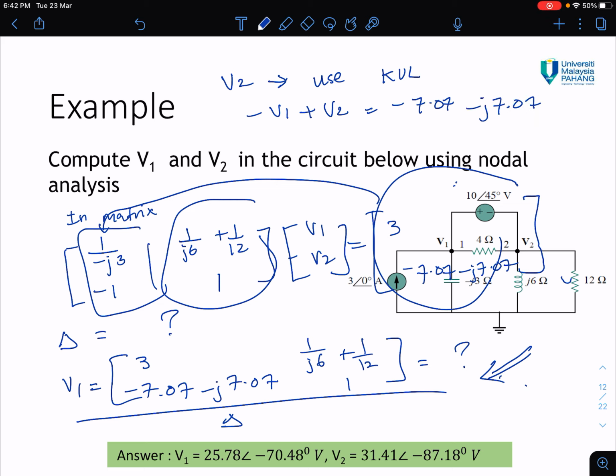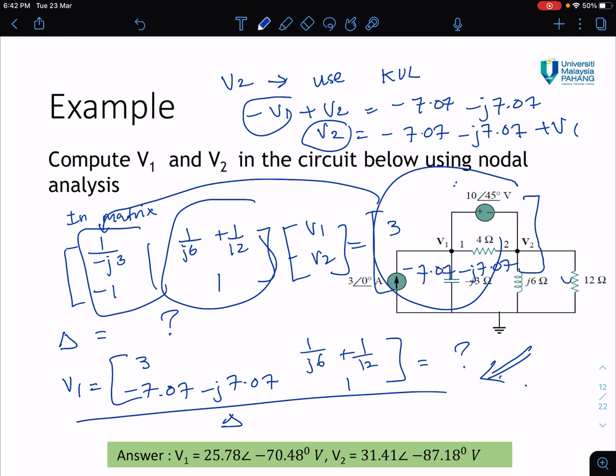Let's say you know the value of V1. Then V2 equals minus 7.07 minus j7.07, this part, plus V1. Then finally, you know the value of V2.